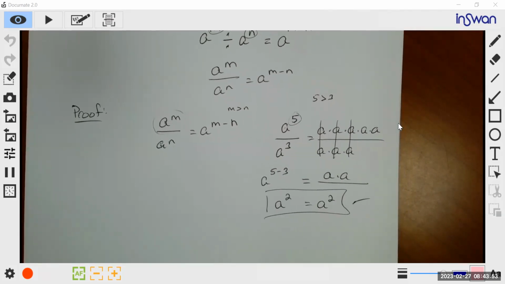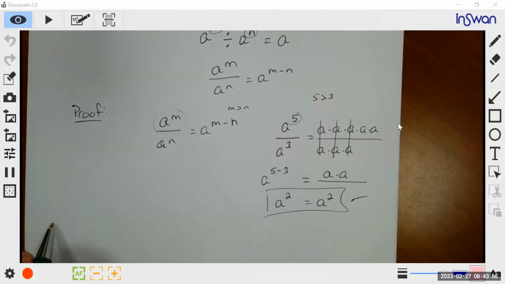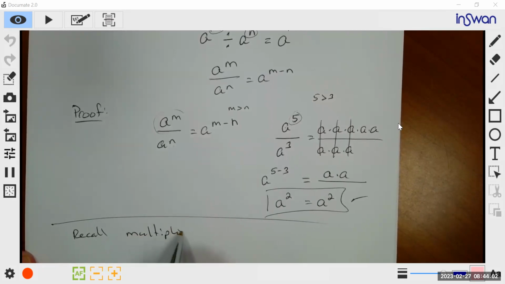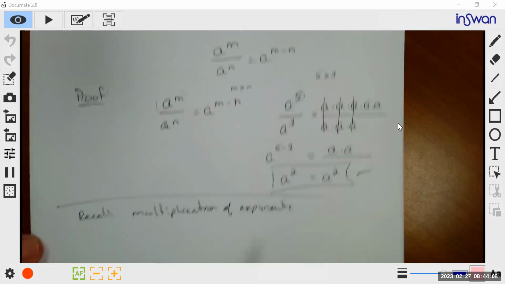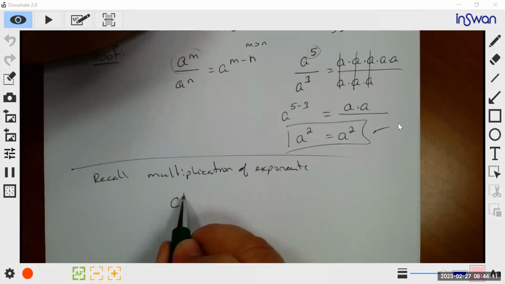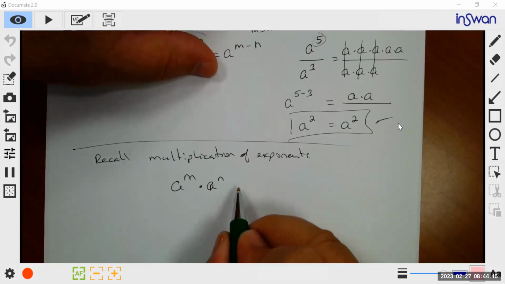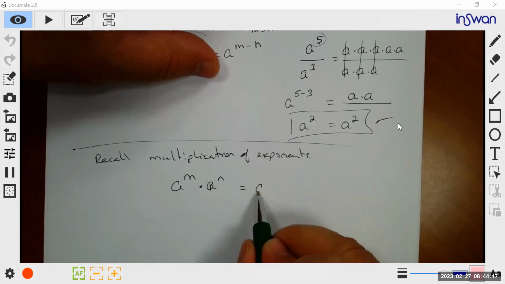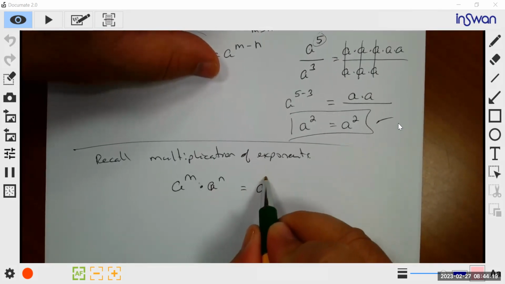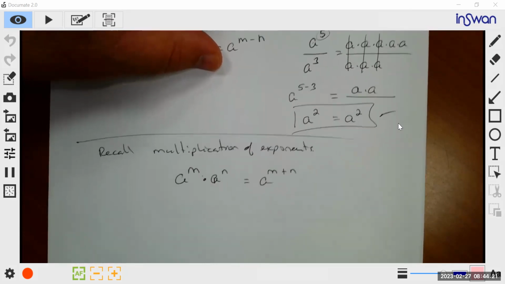That's the division property. Remember, in multiplication of exponents, we have A to the power M times A to the power N. Since we have the same base, we add the exponents.